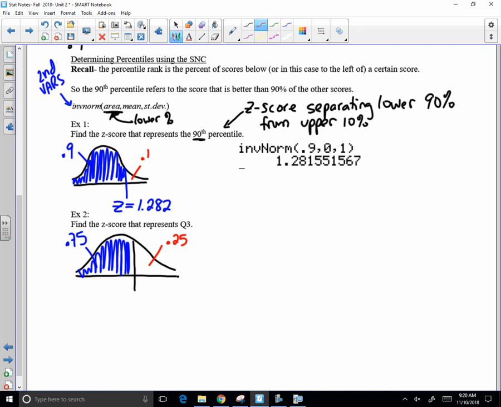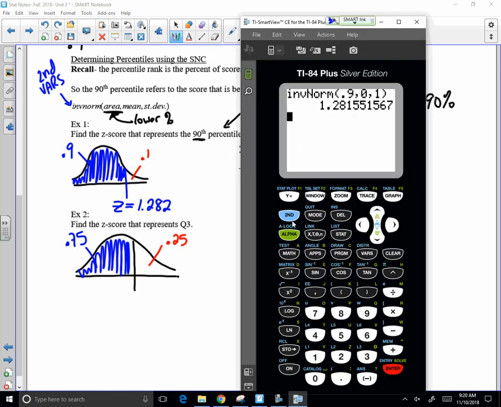The upper would contain 25%. That cutoff would represent the line separating the two. So same calculation, just with a 0.75. Second var's option 3, just now 0.75. And so we get that.